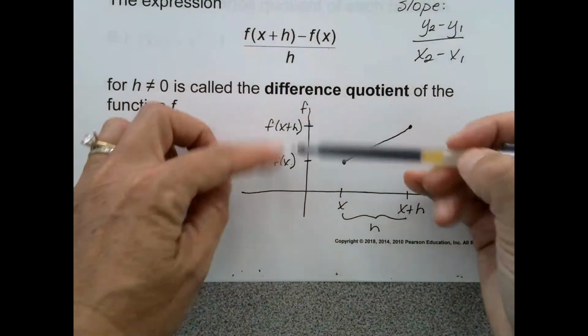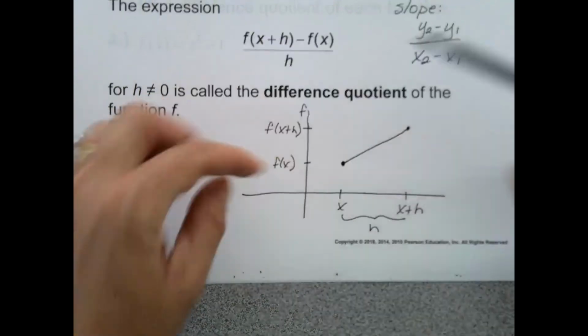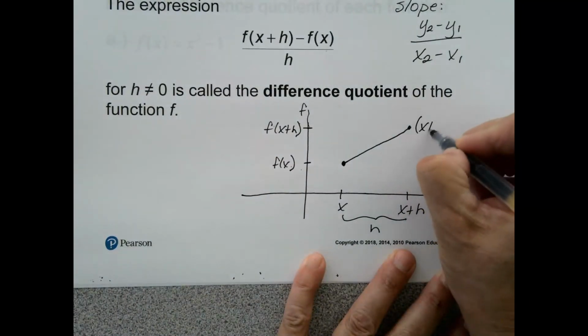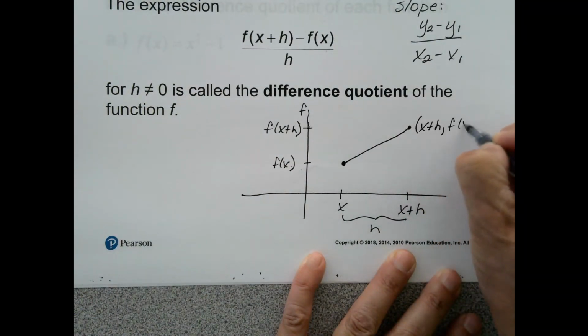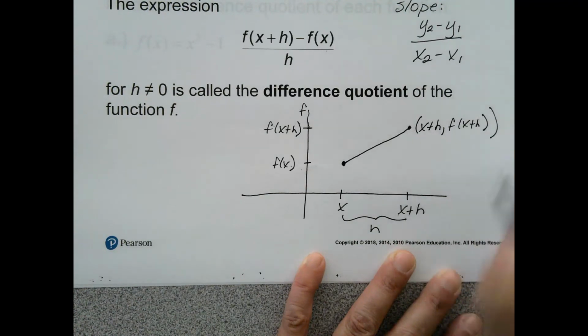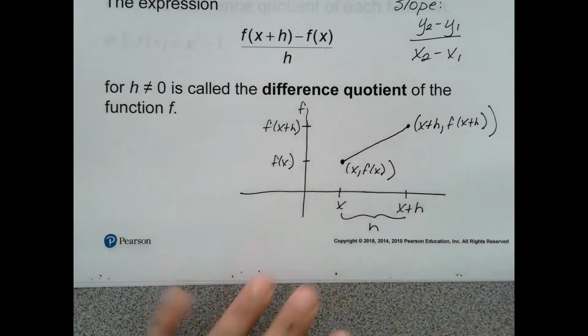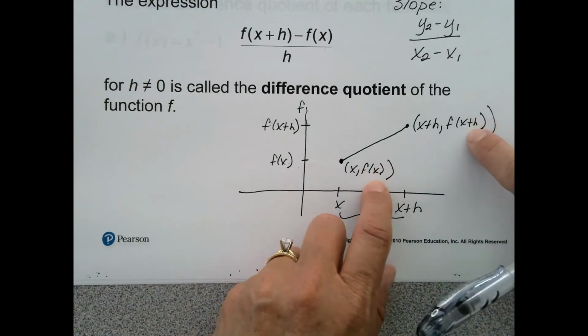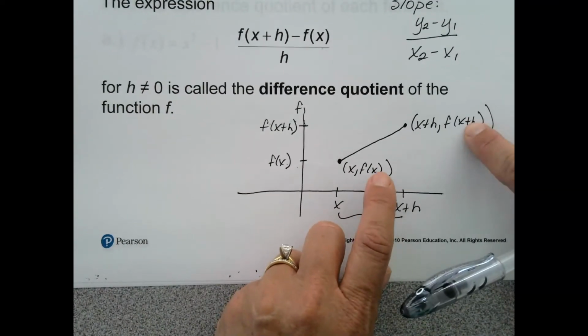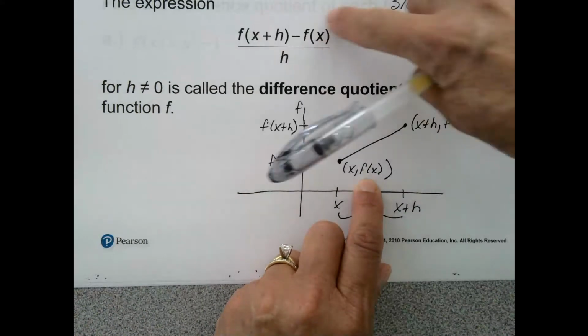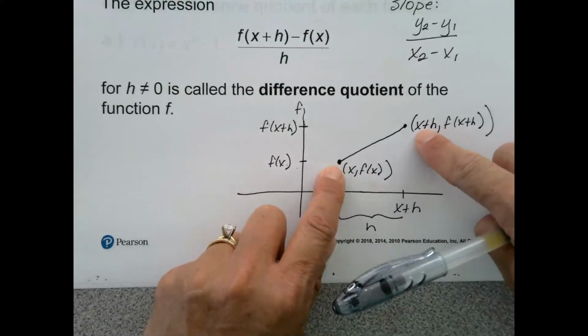Your change in y, y2 minus y1. So this is technically the point x plus h, f of x plus h. And this is the point x and f of x. So we look at change in y, that's f of x plus h minus f of x, over your change in x.